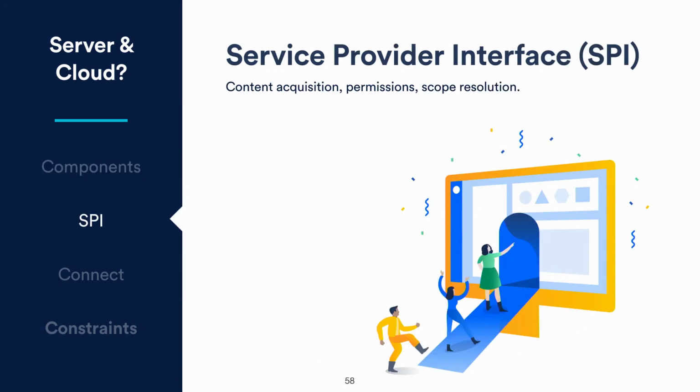We also added a set of SPIs, which stands for Service Provider Interfaces, which are essentially API definitions that are meant to be implemented by other components to extend functionality. We use that to abstract away some of the differences between those deployment environments.